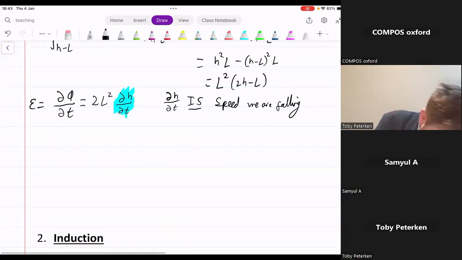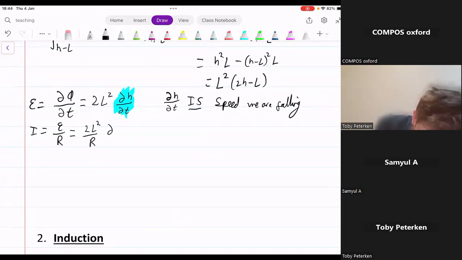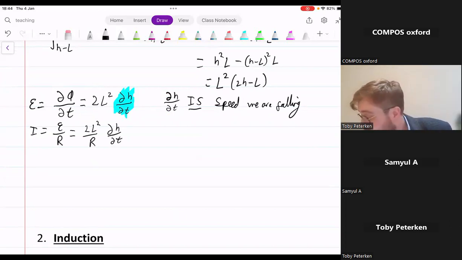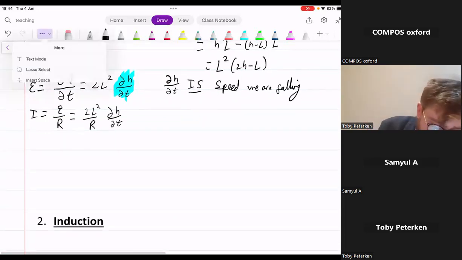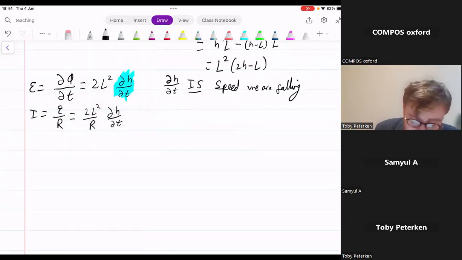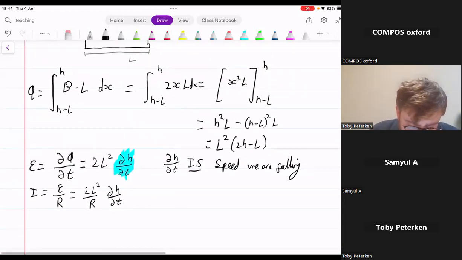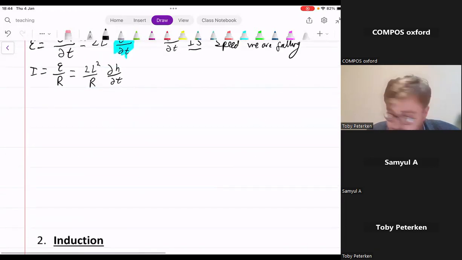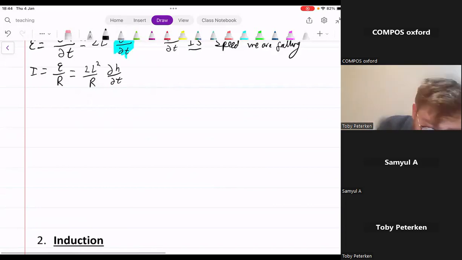So the current is the electromotive force divided by the resistance, which is 2L squared over R dH by dt. So we've got all the pieces we need now, or we're nearly there actually.